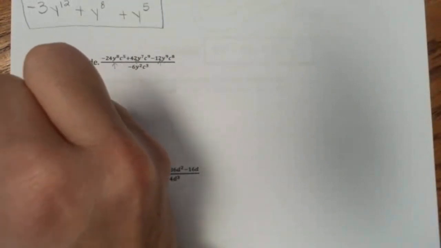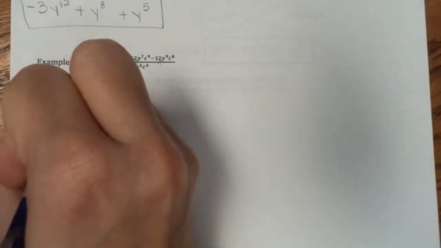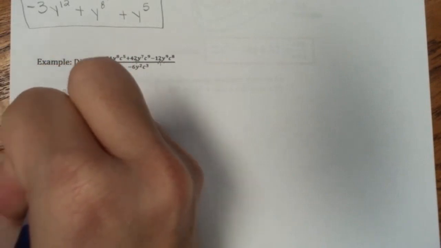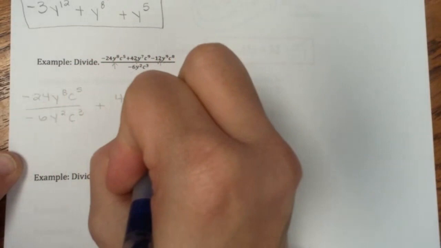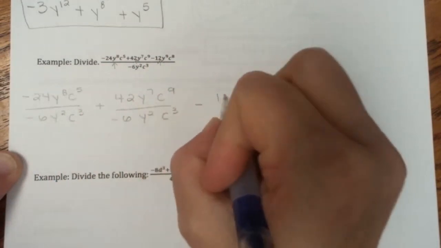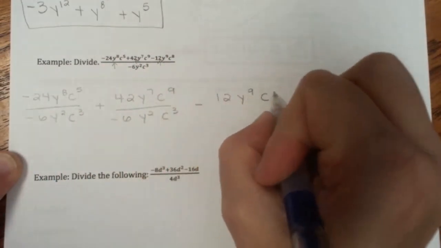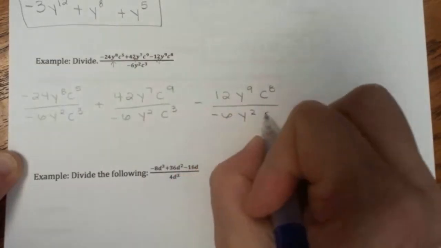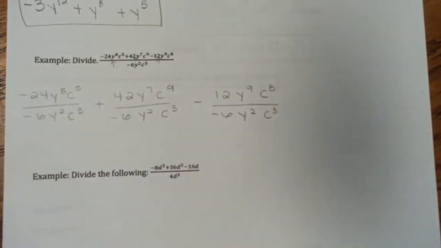So negative 24y to the 8th c to the 5th divided by negative 6y squared c cubed plus 42y to the 7th c to the 9th divided by negative 6y squared c cubed minus 12y to the 9th c to the 8th divided by negative 6y squared c cubed.